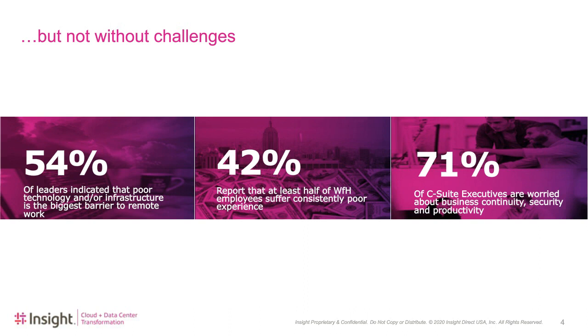So we want to allow our employees to work from home. Right now, we need to allow our employees to work from home. But when we've done that, especially considering the rapid pace that we've had to adopt and innovate these solutions, we found glaring deficiencies or inefficiencies in our existing infrastructure, in the way our employees are accessing applications and data.